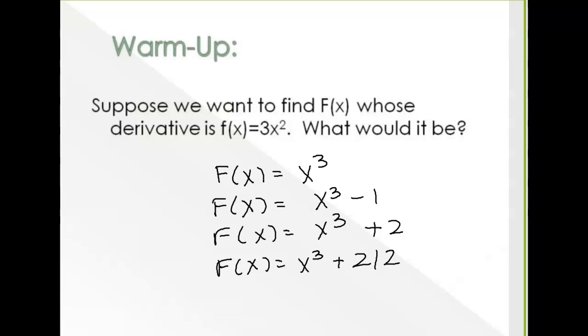So for example, in the warm-up, I tell you to think about the function f of x equals 3x squared. Its antiderivative is x cubed. However, there's this idea that it's actually the family of x cubed because the derivative of a constant is 0.